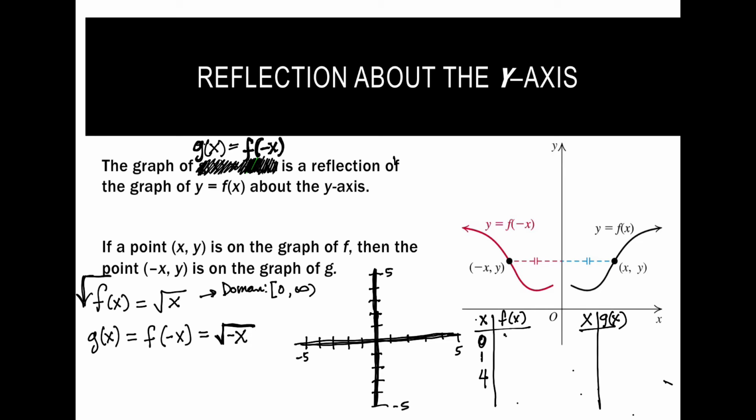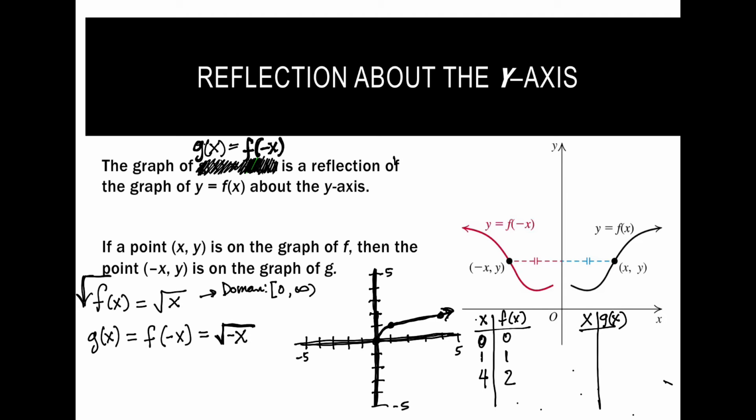The square root of 0 is 0, square root of 1 is 1, and the square root of 4 was 2. So that gives us enough points here to give us a graph. And we saw kind of how this behaved. It's kind of a gradual, like a sideways parabola here, but only half of it.